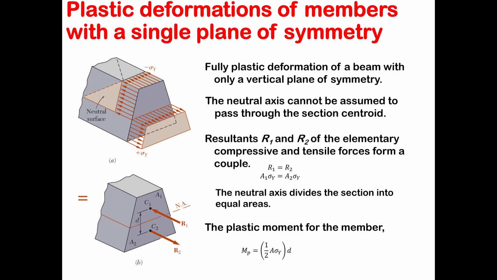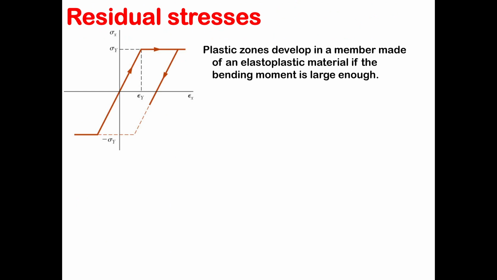And the plastic moment of the member can always be calculated as 1/2 of A, which is your total area, sigma Y, which is your yield stress, and d. And when you're dealing with the plastic zone, you always are gonna have residual stresses.